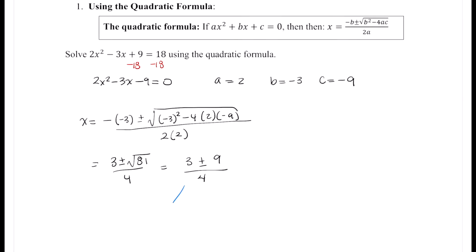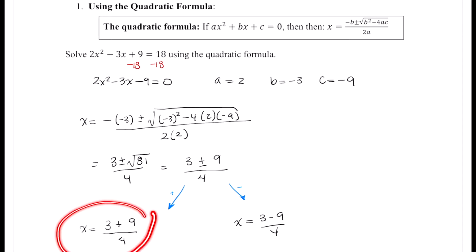From here we have two solutions. We have the solution with the positive sign, and the solution with the negative sign. So for the solution with the positive sign, it's x equals 3 plus 9 divided by 4, and the other solution is 3 minus 9 divided by 4. And I want to add, this one will not always necessarily be positive, and this solution will not necessarily always be negative.